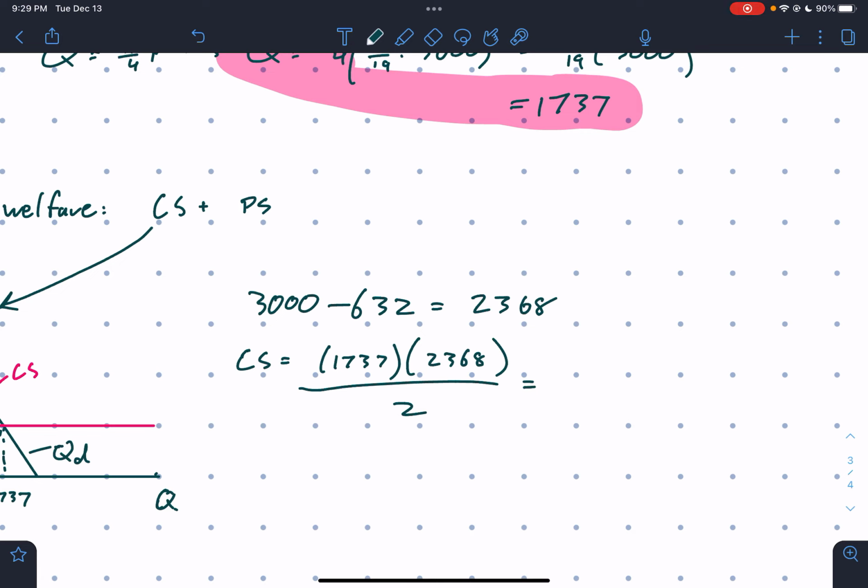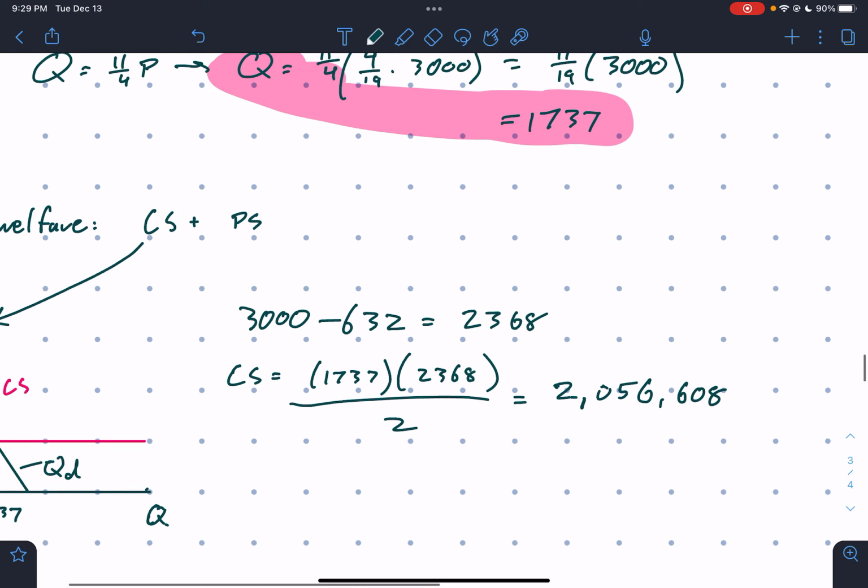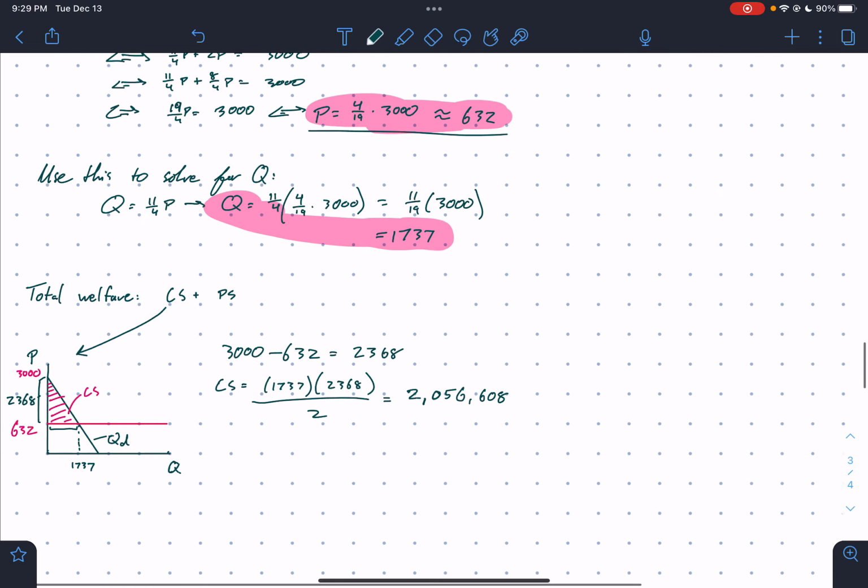So it's like 2 million and change. Okay, so that's consumer surplus under perfect competition.